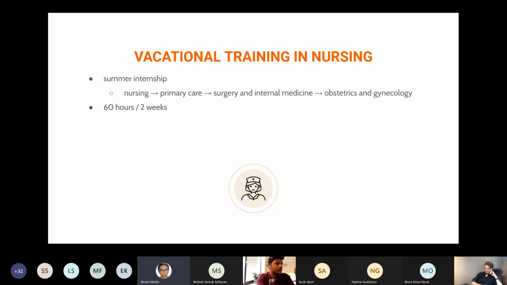For one reason or other, some countries have really strict privacy laws. So they're not able to legally access the facilities and work with patients. And the whole point of this training is that you actually get some hands-on training.